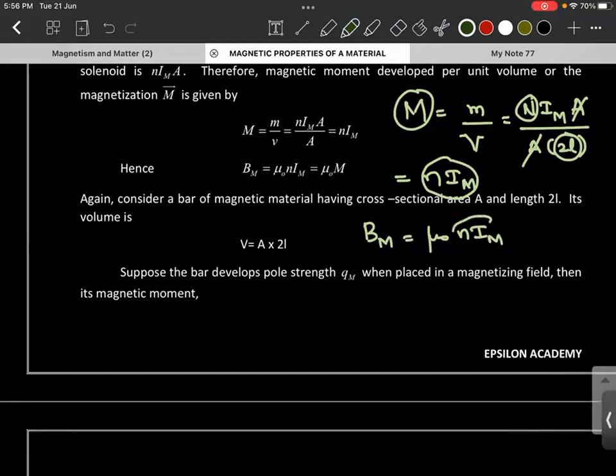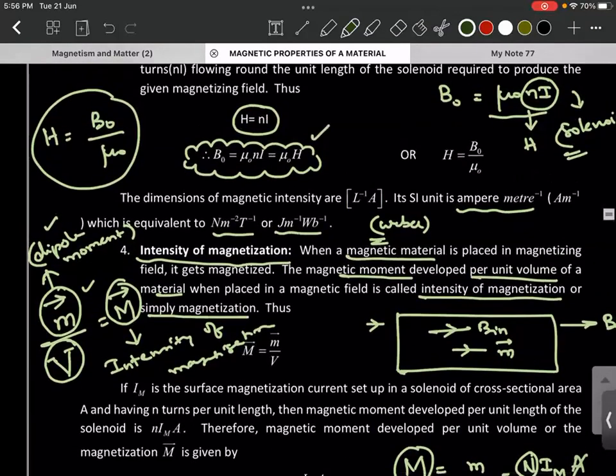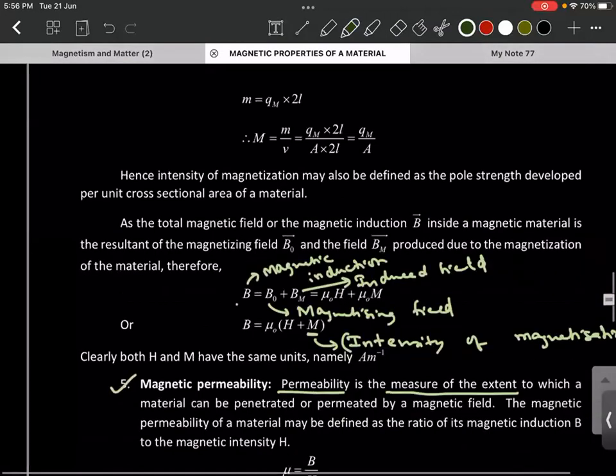So I can replace n into Im with capital M. So Bm will be mu naught into M and B naught will be mu naught into H, as a result of which the magnetic induction will be mu naught H plus mu naught M. Is that clear?